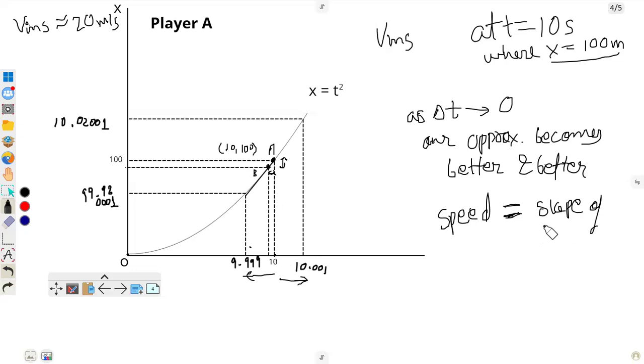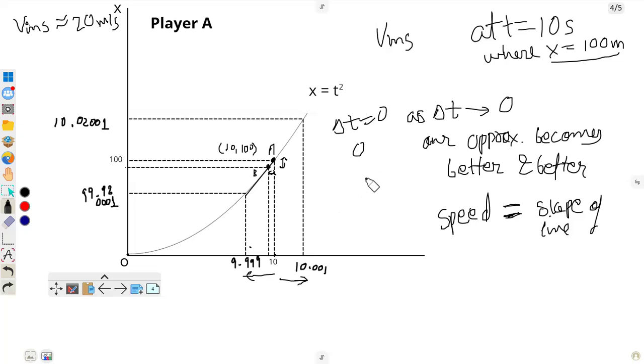So speed is the slope of the line that passes through these 2 points. As delta t tends to zero, our approximation gets better and better. But when we tried putting delta t equals zero, we failed miserably because we don't know what 0 by 0 means.